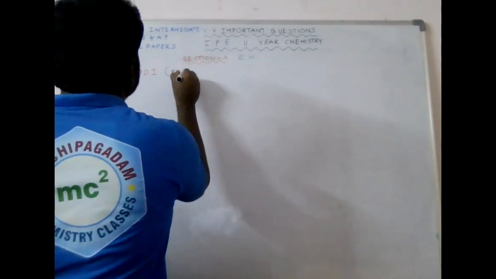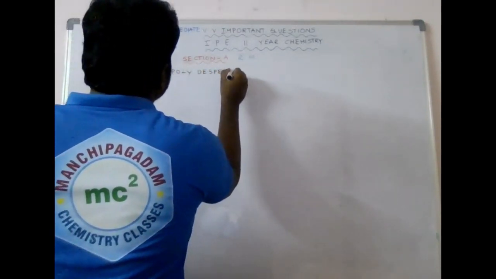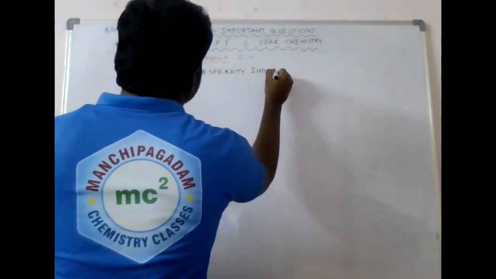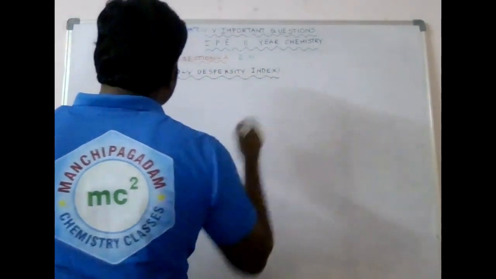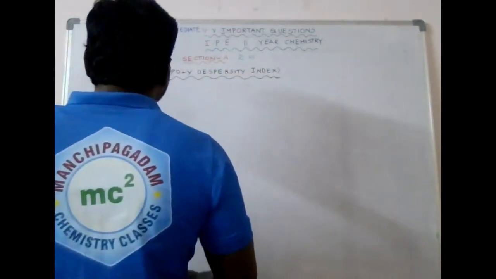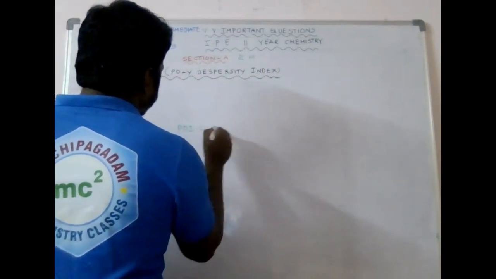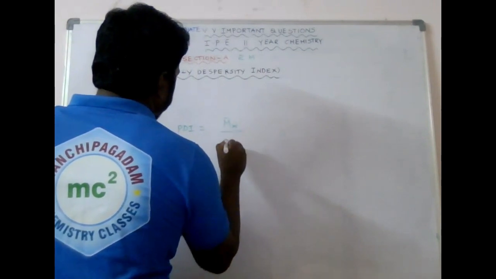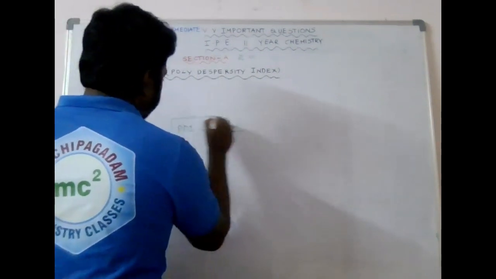PDI full form is polydispersity index. I will write the formula, then you can tell the answer. PDI is equal to MW bar by MN bar. This is called PDI.